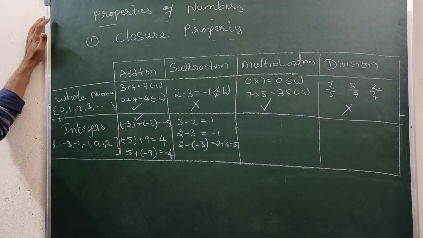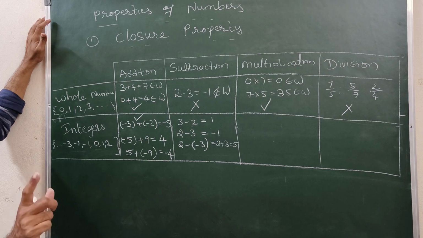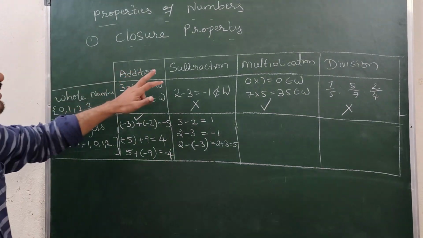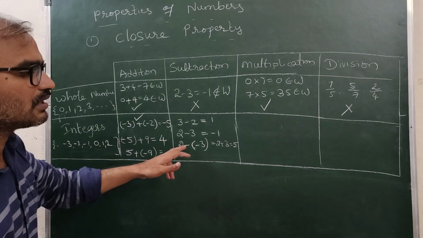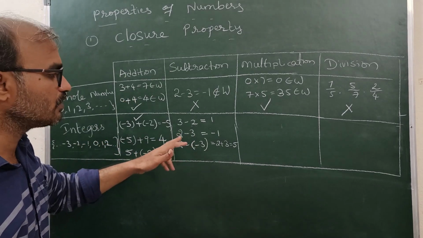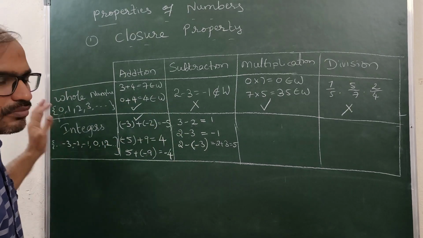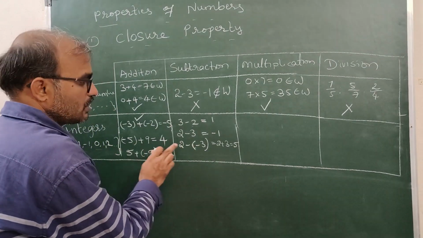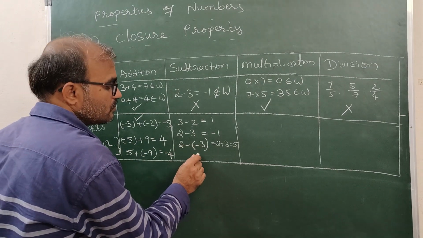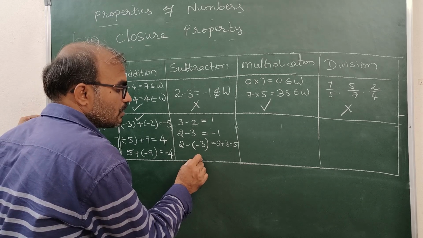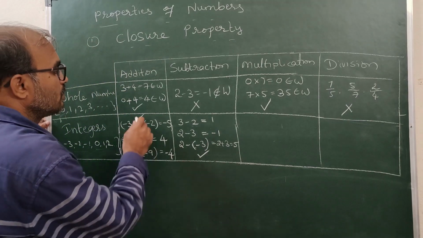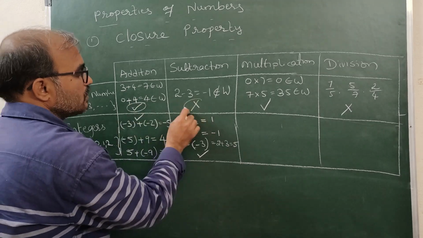We cannot give even a single example to disprove this, that subtraction of any two integers is not an integer. That is why on subtracting any two integers, you will get an integer. So integers are closed under subtraction.